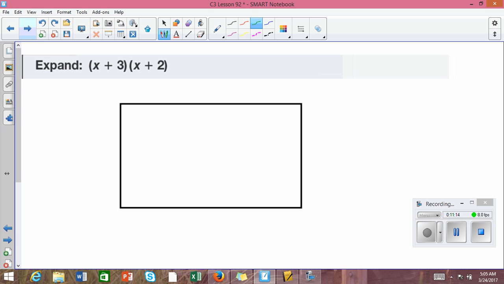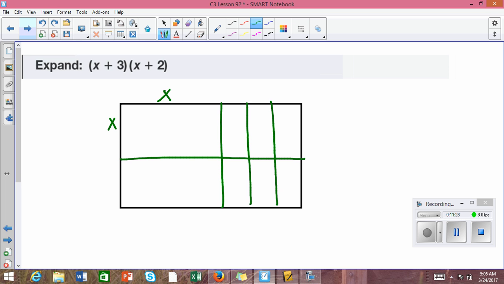So what we could do here is show, okay, this is going to be an x by x. I wanted to just mention right here that we could break this up into 3, and we could break this up into 2, because this was 3 equal parts, this was 2 equal parts.